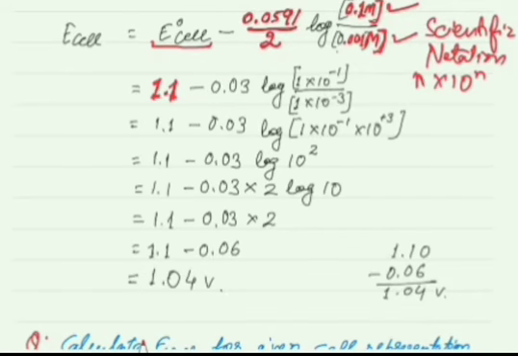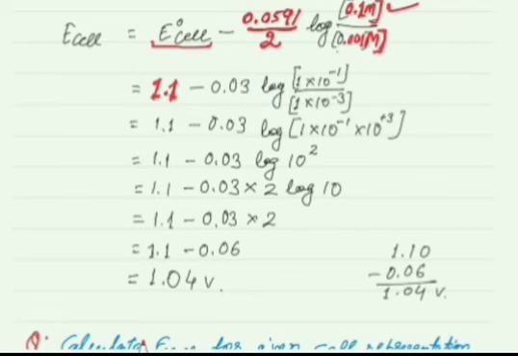So here you can see 0.01 molar becomes equal to 1 into 10 inverse 1, and the concentration of copper 2 positive ion, that is 0.001 molar, can be written in a better way like 1 into 10 inverse 3, right? So this is the scientific notation.